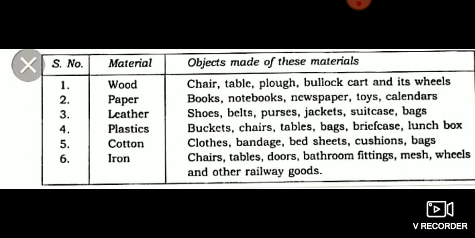So materials are mainly classified into two types: naturally occurring material and man-made material.